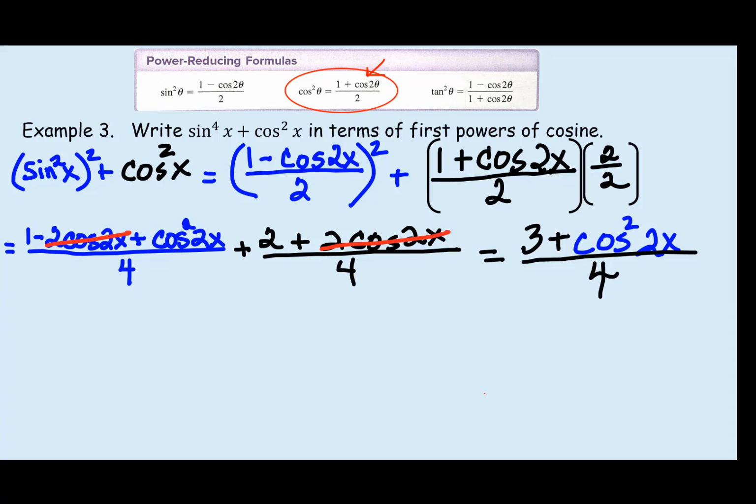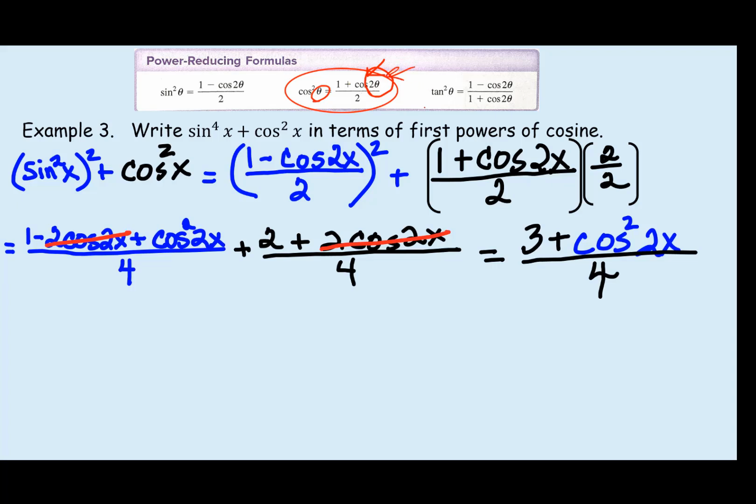And so now we just need to get that cosine squared 2x to be something to the first power. And we can do that because we can use that same middle power reducing formula up there. But now instead of just theta or just x for our argument, we have 2x, which means that when we use the formula, it's going to end up being 4x, because the angle in the cosine term is always double whatever angle you start with.